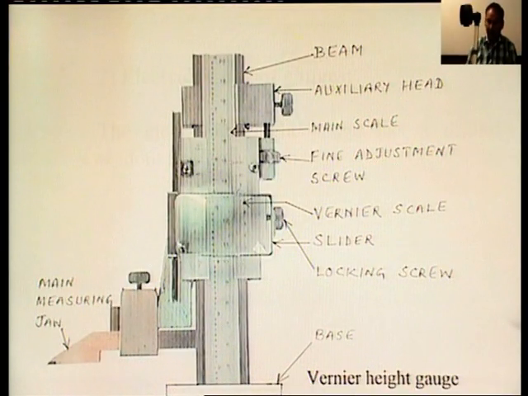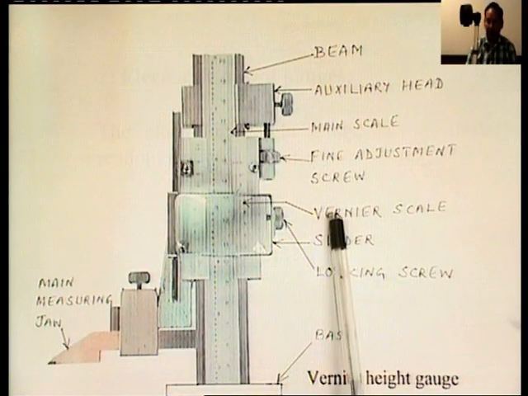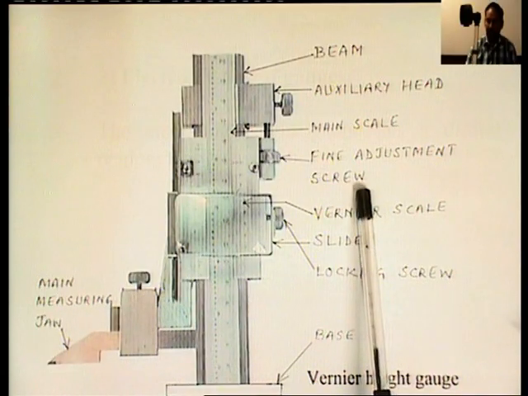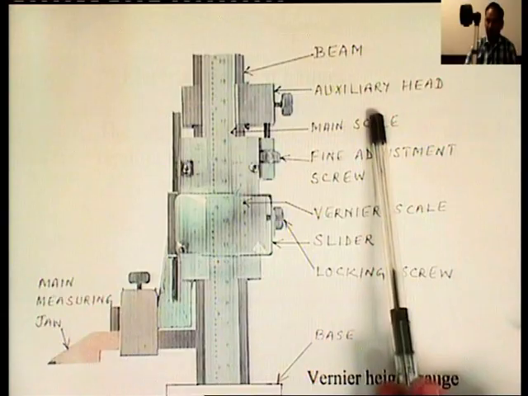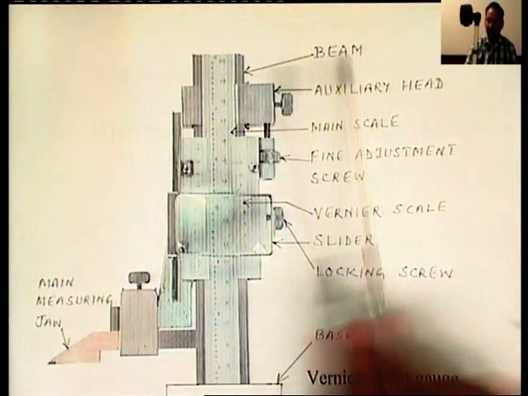Here the diagram shows the vernier height gauge. The various main parts of this vernier height gauge are: the main measuring jaw, the base, locking screw, slider, vernier scale, fine adjustment screw, main scale, auxiliary head and beam.